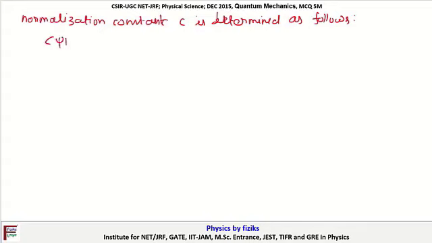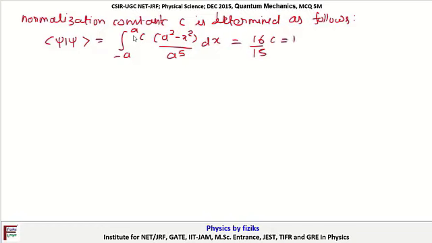That is, psi with psi equals integral from minus a to a of c by a to the power 5 times a square minus x square dx is equal to 16 c by 15 equals to 1, which implies c is equal to 15 by 16.